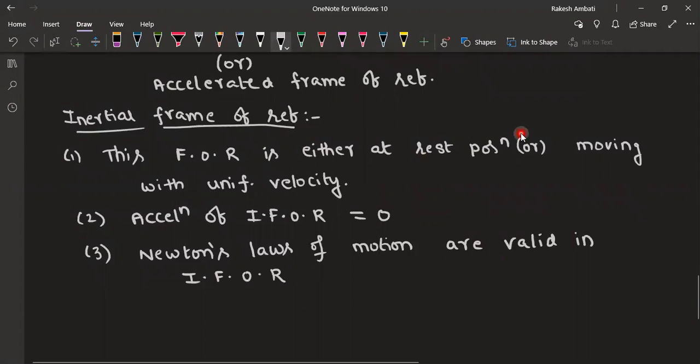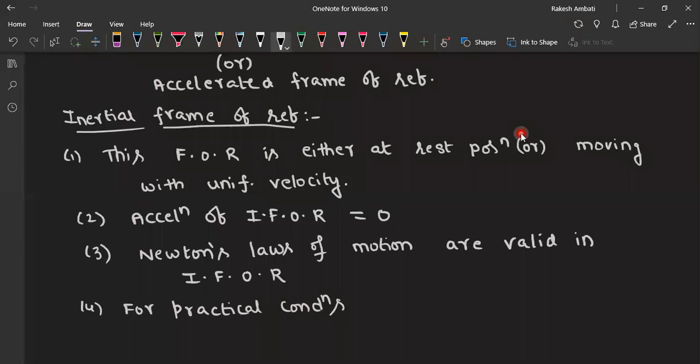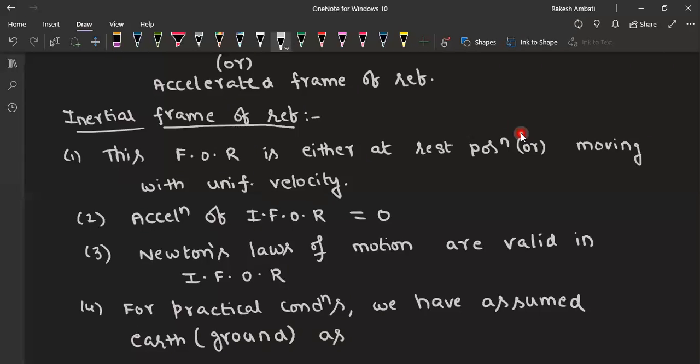So generally, for practical conditions, we have assumed earth, that means the ground frame, as an inertial frame of reference. For practical conditions, we have assumed that earth is an inertial frame of reference.